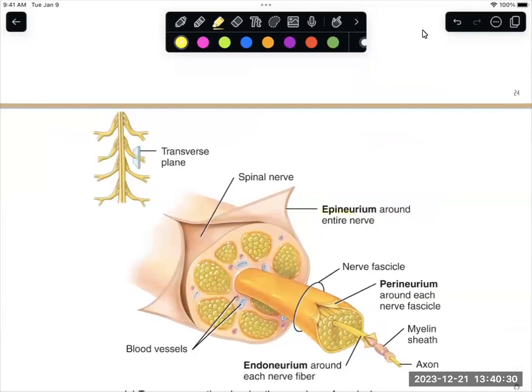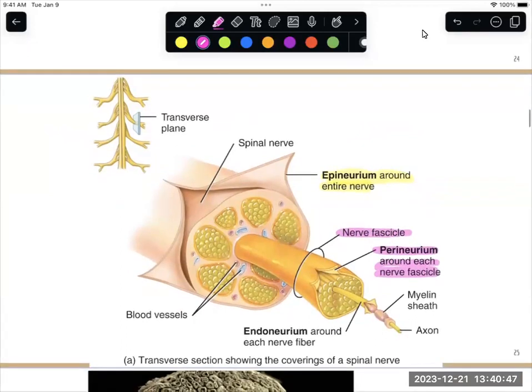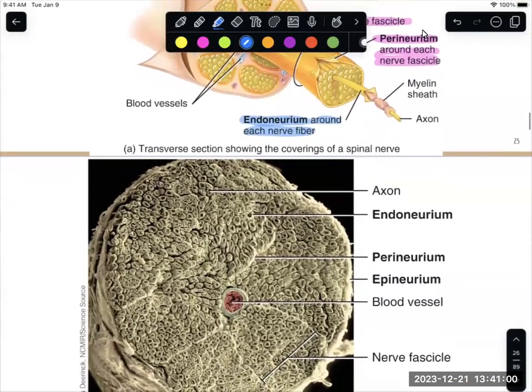That epineurium wraps around that entire nerve. We form that nerve fascicle with that perineurium that separates out a group of nerve axons. Each axon is wrapped in its own endoneurium. Just like skeletal muscle fibers, it's the same in nerves.